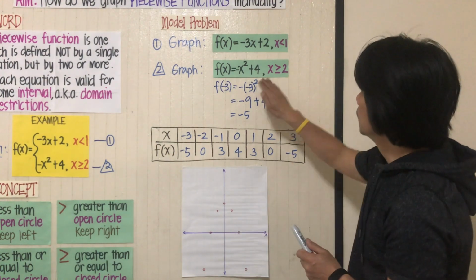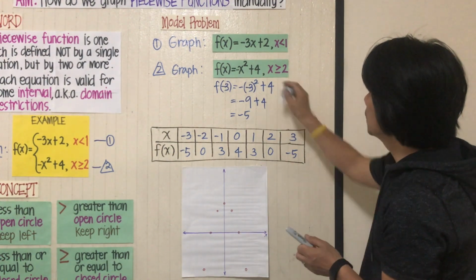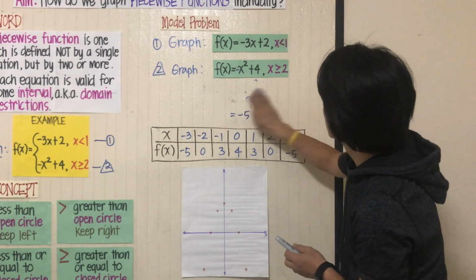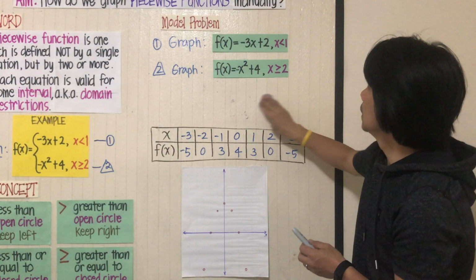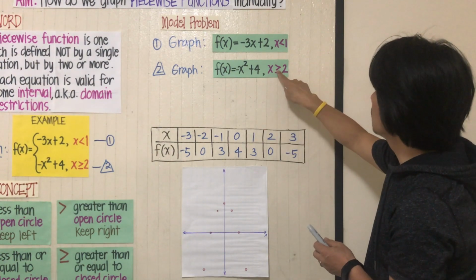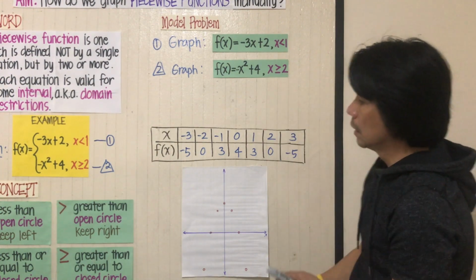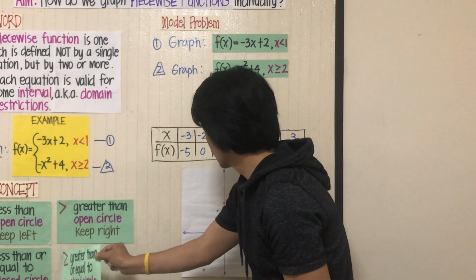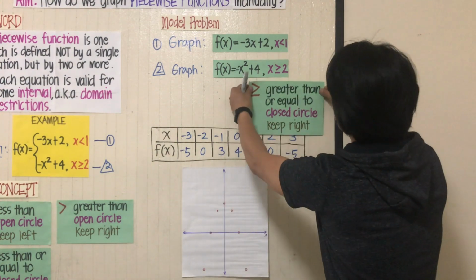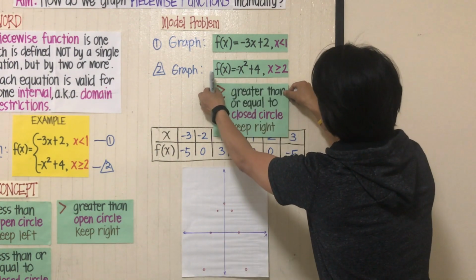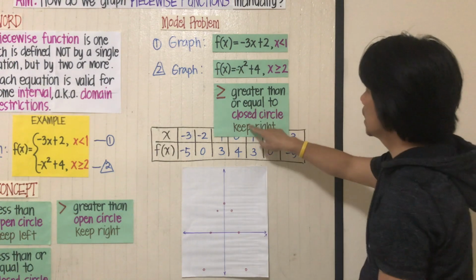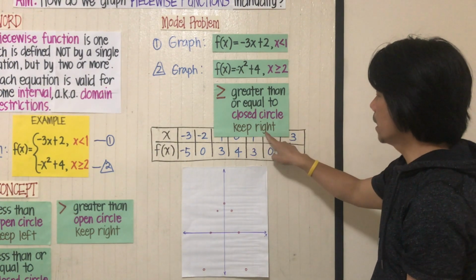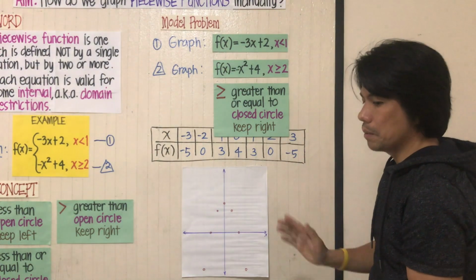Now, you need to go back to the given function, specifically the domain restriction, which is x is greater than or equal to 2. Now, we need to grab this greater than or equal to symbol from our key concept, and it says we need to use a closed circle and keep the right part of the graph.